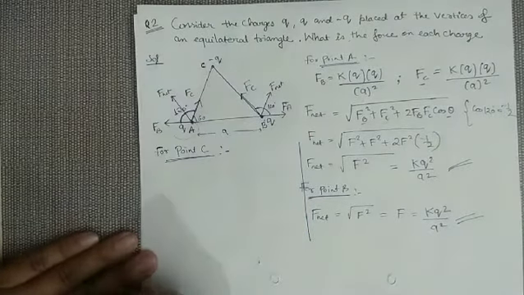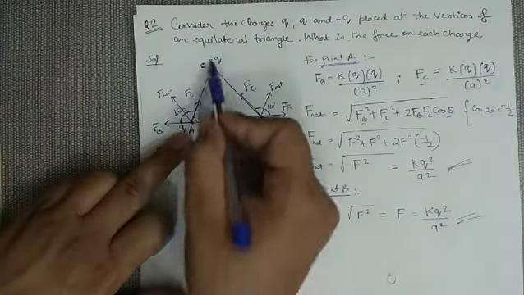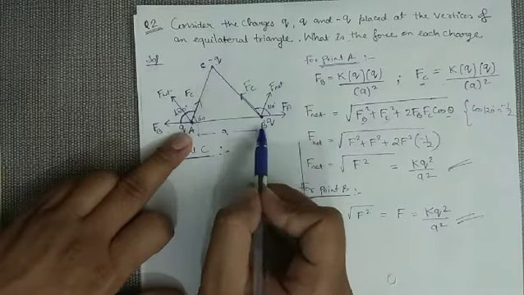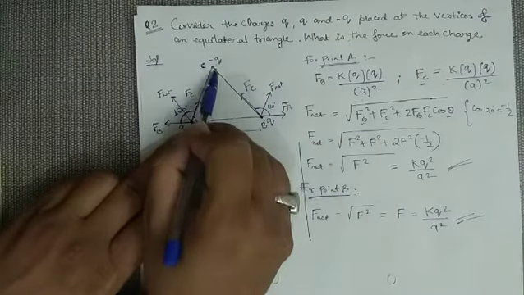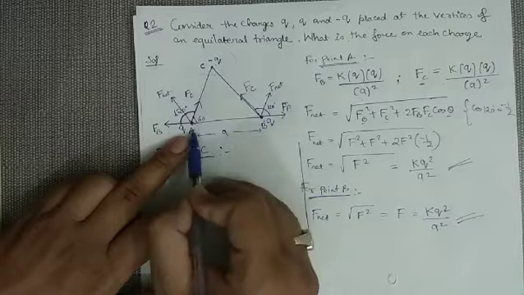For point C, now A is going to apply force on C and B is going to apply force on C. Now this is negative charge and this is positive.